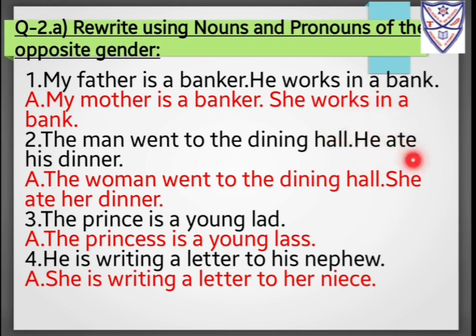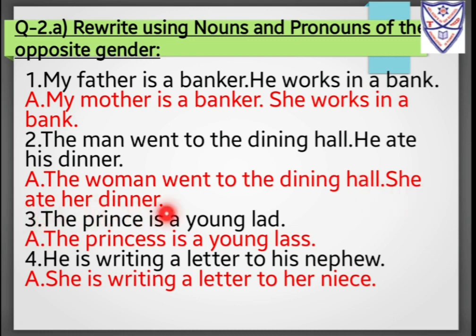So its opposite will be she, right? His is a pronoun which is in masculine gender form, and its feminine form will be her. So the answer will become, the woman went to the dining hall. She ate her dinner.